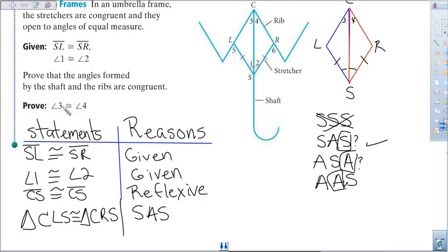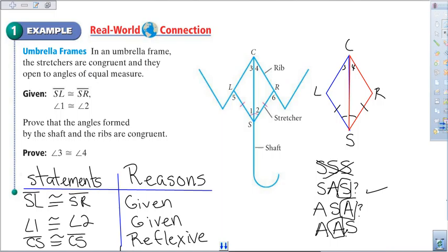What I really need to know is that angle 3 is congruent to angle 4. Well, since these triangles are congruent, I can say angle 3 is congruent to angle 4, because congruent parts of congruent triangles are congruent. And that's it, guys.